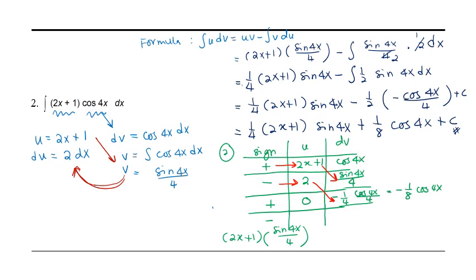And then negative, times 2, negative 2 times negative 1 over 8; 4 times 4, 16. Okay, so 2 times negative 2 times negative 1 over 16 becomes negative times negative, positive 1 over 8 cos 4x plus c. So this is the answer.